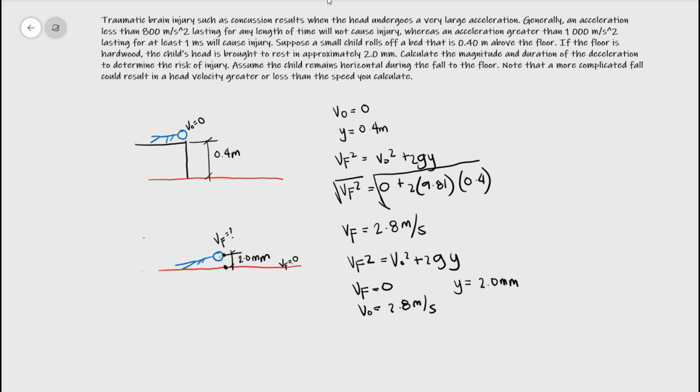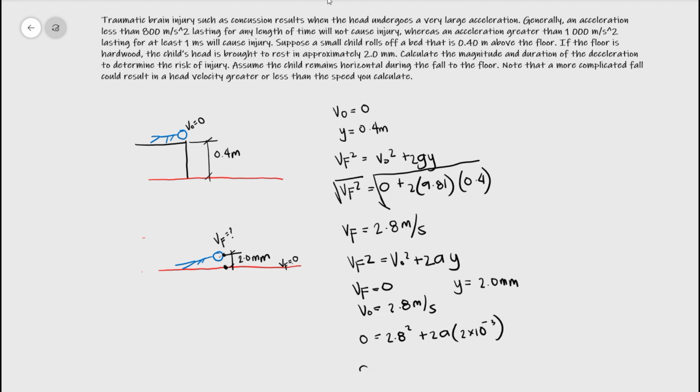Instead of g, we will be solving for the acceleration, which is the deceleration. So 0 equals 2.8 squared plus 2a times 2 times 10 raised to negative 3.